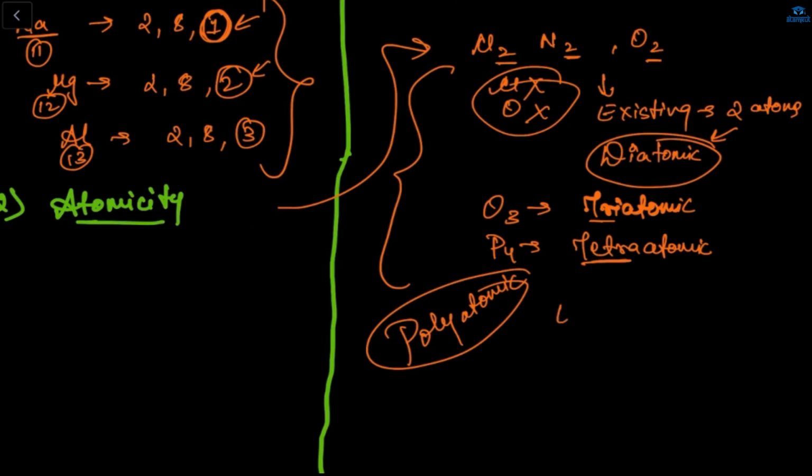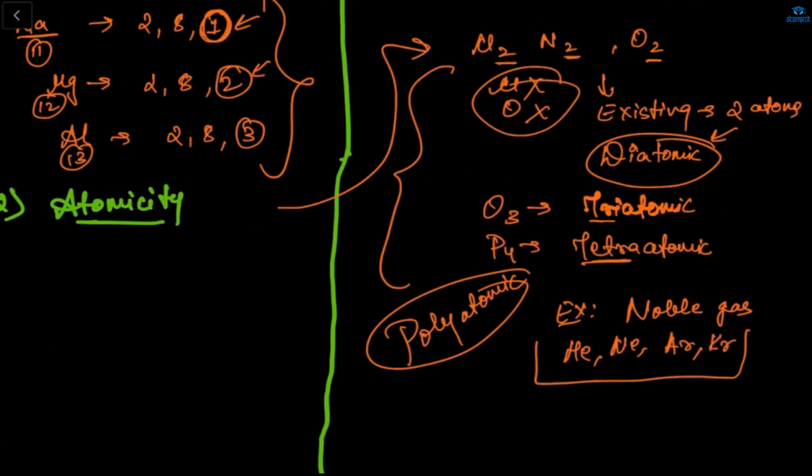But the exceptions here are noble gases. Helium, neon, argon, krypton all have one atom only. This is the exception. Otherwise, non-metals are di-, tri-, or tetra-atomic, because we never write N, we always write N2, O2, and in a compound more than one atom exists.